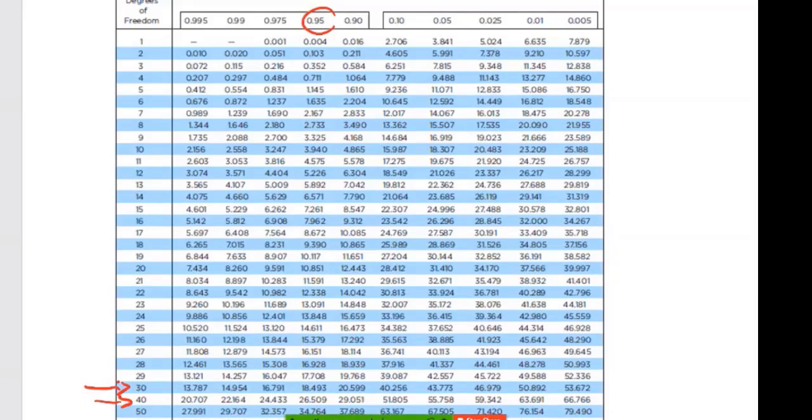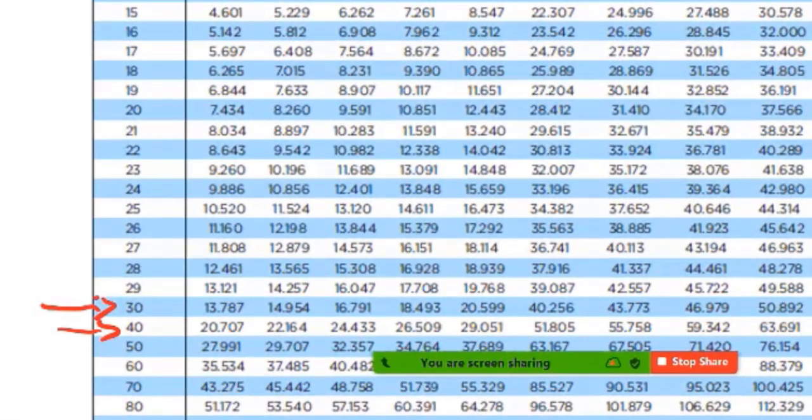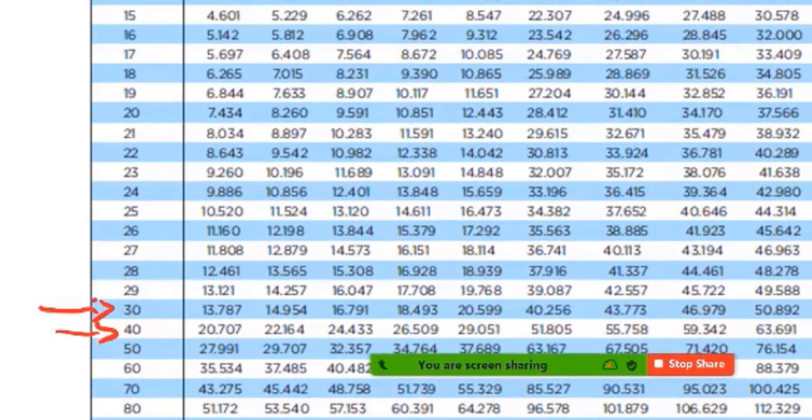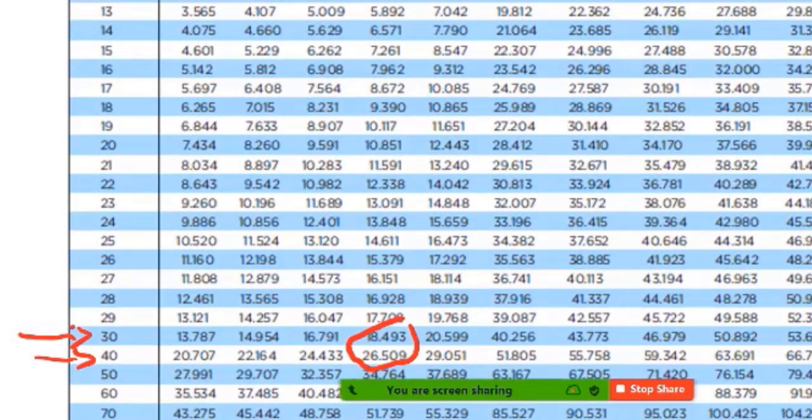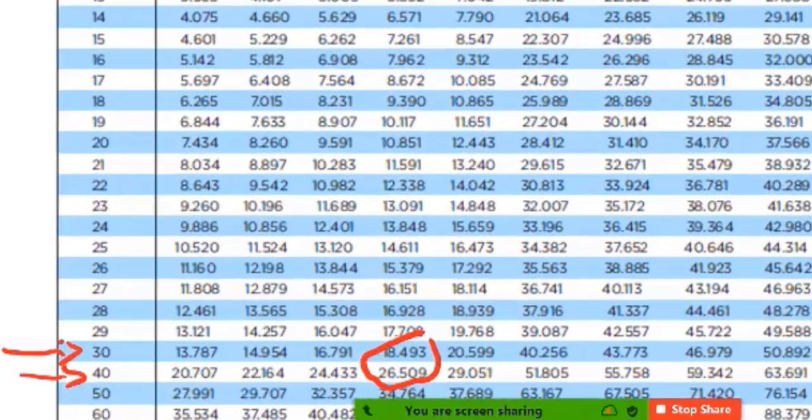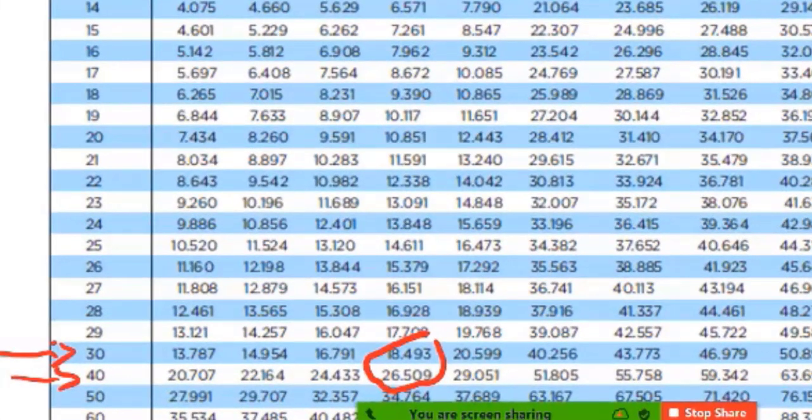So the degrees of freedom is missing. 36 is not there, so I don't have the answer, but look at this one. According to the table, the answer is between these two values, 18.493 and 26.509. This is how you look up a table, and this is why we say it's a limited table.